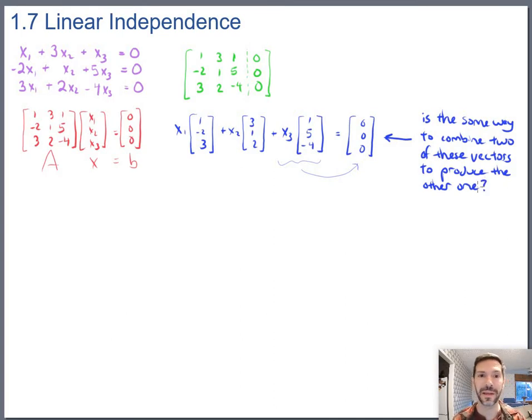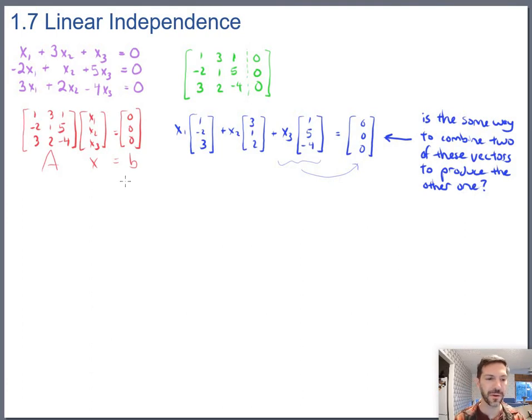If the answer to that is yes, then there's linear dependence. One of them depends on the other two. If the answer to that question is no, then we have linear independence. Let's say all three of these vectors are independent of each other. I can't just combine two of them to get the same effect as I would get from the third one.